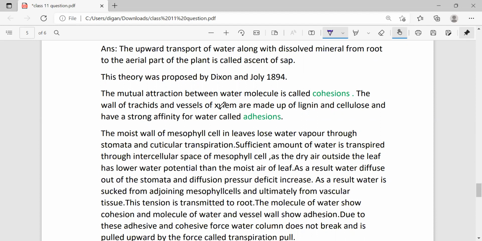The tracheids and vessels are the two components of xylem, and between the walls of these and the water molecules there is an attraction known as adhesion. Due to these two attractive forces, the water flows from the root to the tip of the plant.